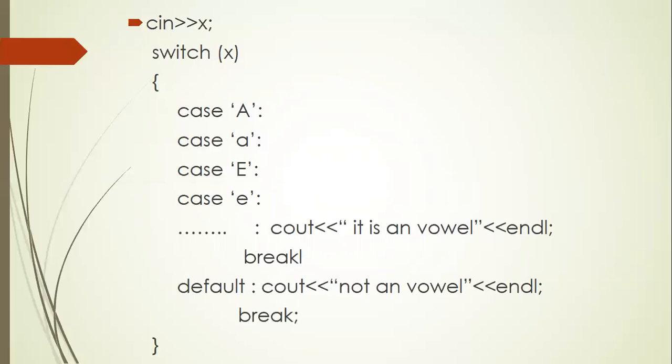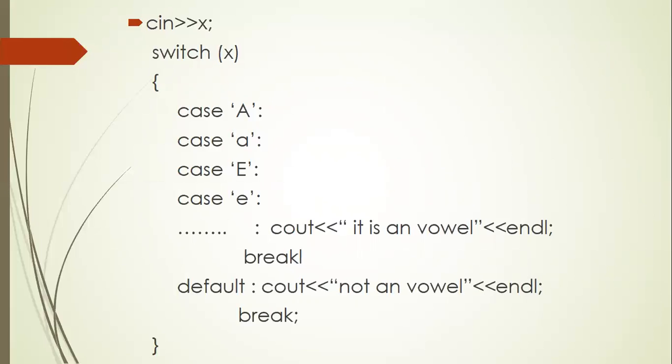Second example. Here I will show that in the case of a switch statement, the expression could be a character constant. You input one character for x. Any character available on the keyboard, you can press it, and the corresponding character will be assigned to the variable x. Next, check whether the character you press matches capital A, small a, capital E or small e.